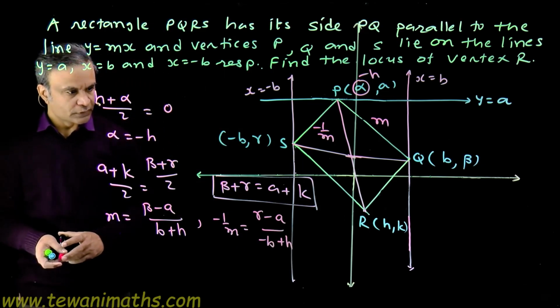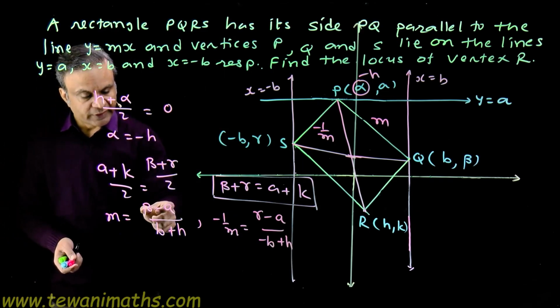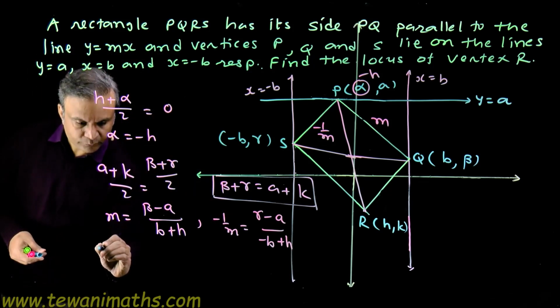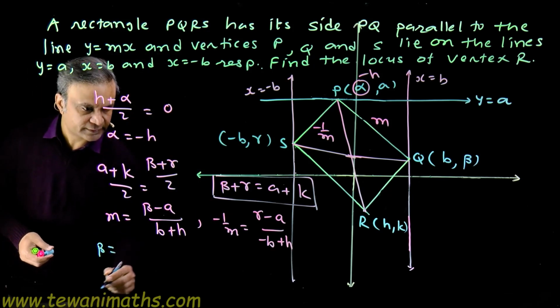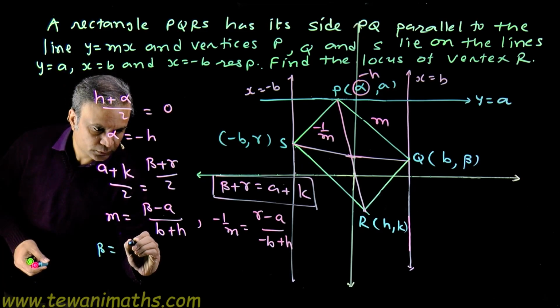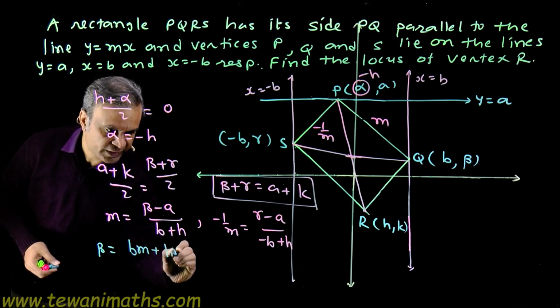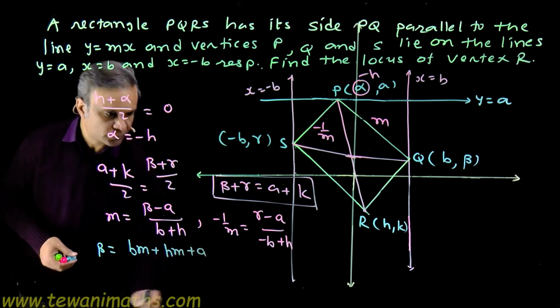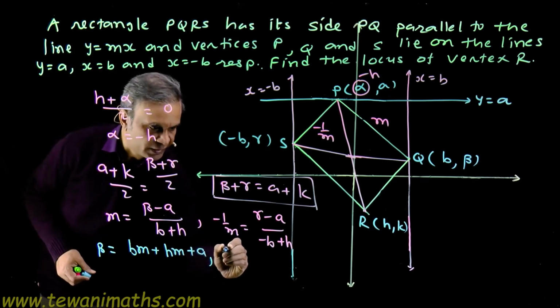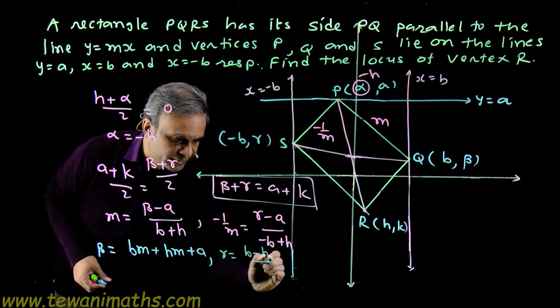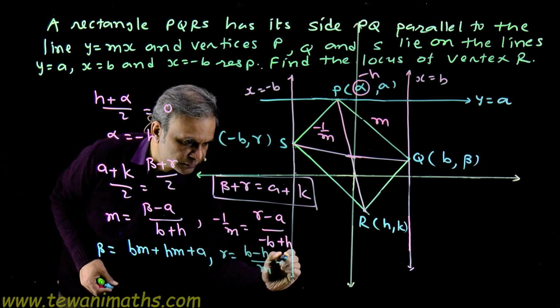Now from this we get the value of beta, and from this we get the value of gamma. The value of beta from here is bm plus hm plus a. And from this equation we have gamma is equal to b minus h over m plus a.